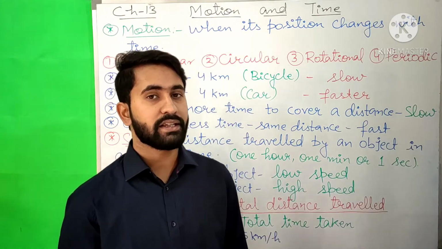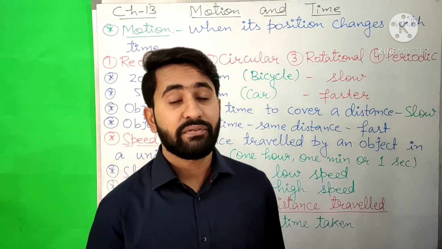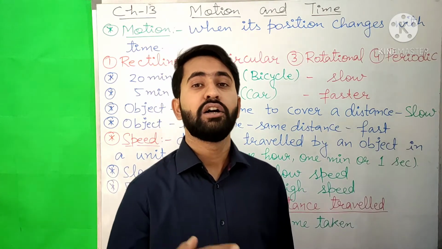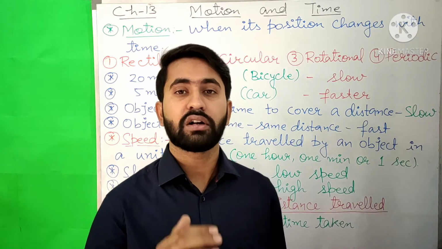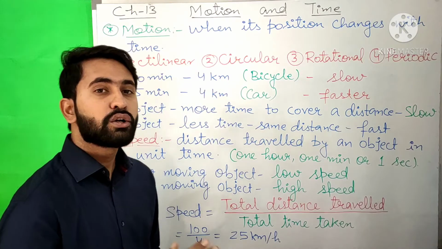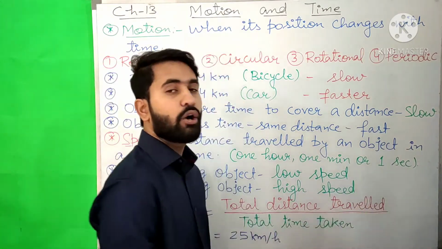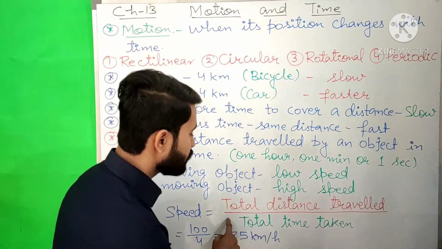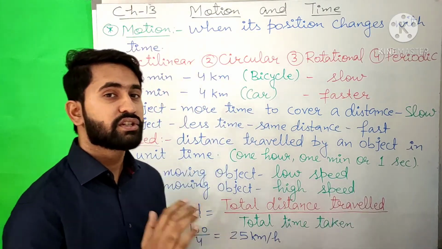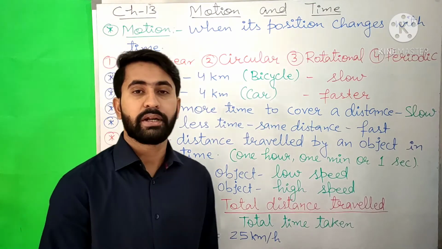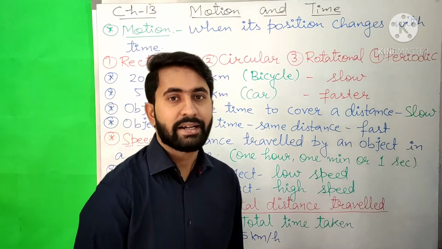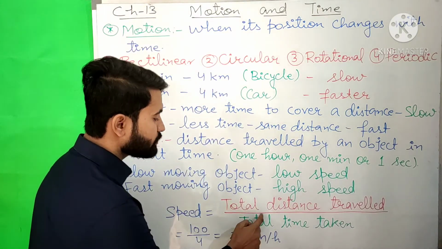We can calculate the speed by dividing the total distance traveled by the object by the total time taken to cover that distance. So speed is equal to total distance traveled by the object divided by total time taken. Suppose there is an object which travels 100 kilometers in 4 hours. So if we have to find its speed, then we will use this formula.